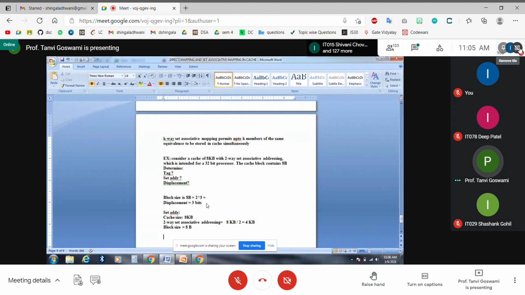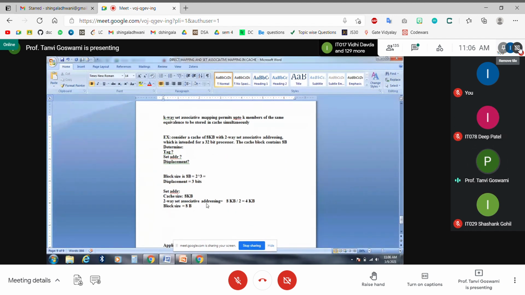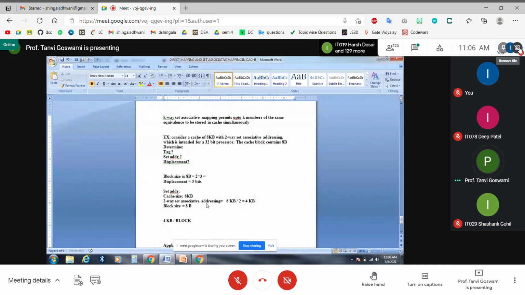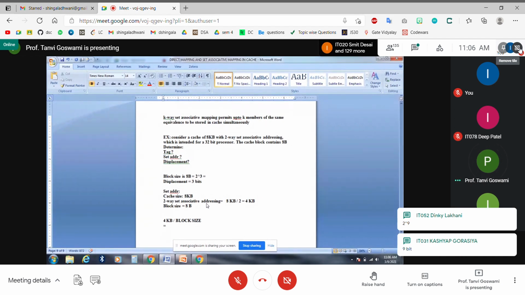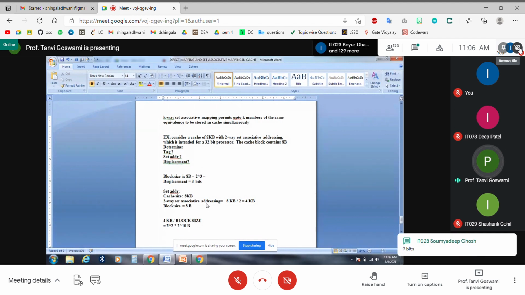That will be equal to the size of one set, that is 4 KB, divided by the block size. 4 KB is equivalent to 2 raised to 2 multiplied by 2 raised to 10 bytes, since k is 2 raised to 10, divided by 2 raised to 3 bytes, the size of your block.